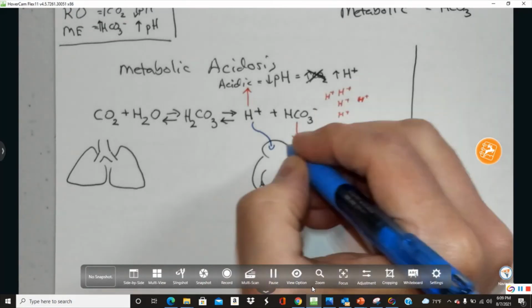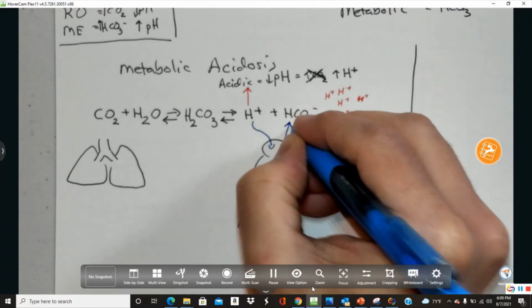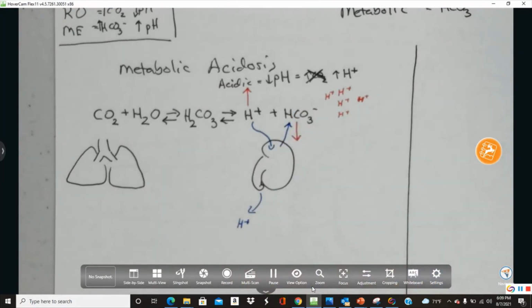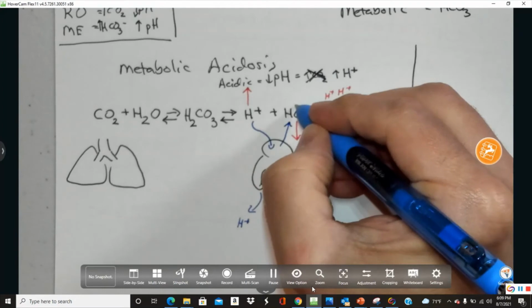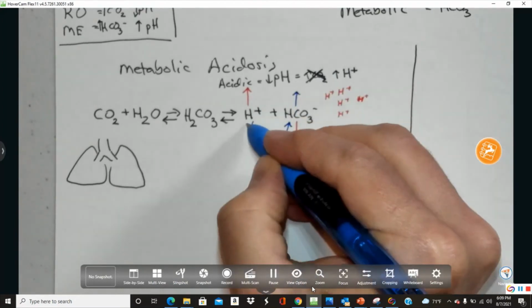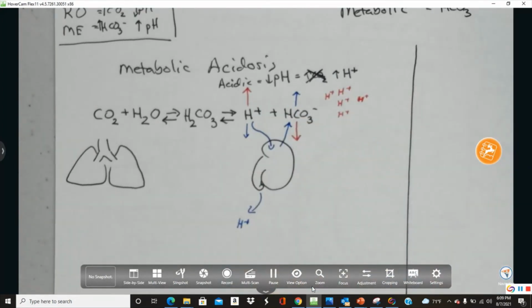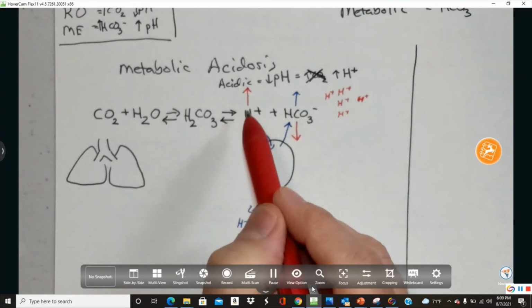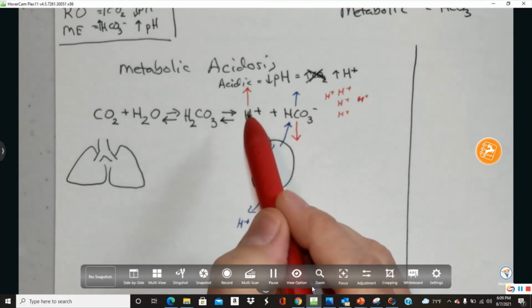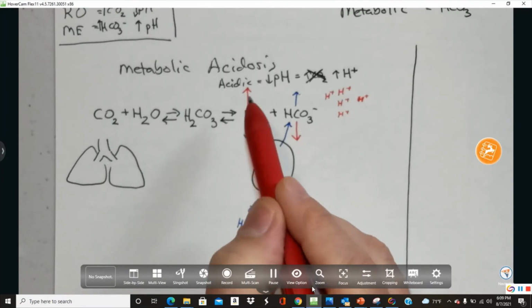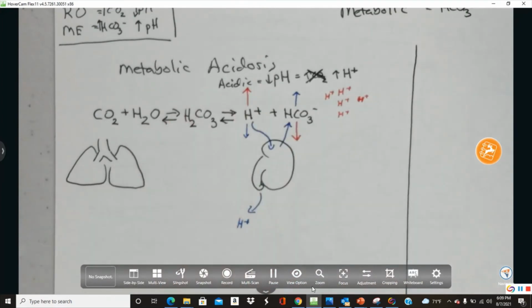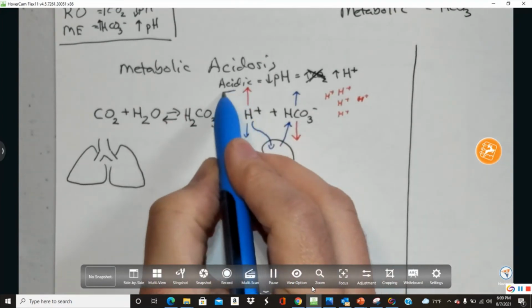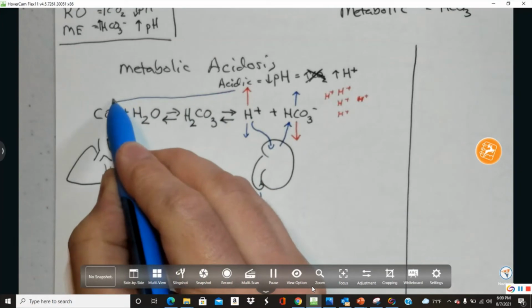And it's going to simultaneously try to generate bicarbonate ions as we are trying to get these back up again and these back down again to normal. Now, one of the things this high level here is going to do is remember, if I increase something on one side, I shift it to the other side. So this will cause a shift here.